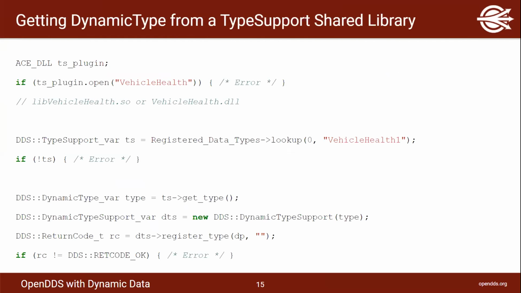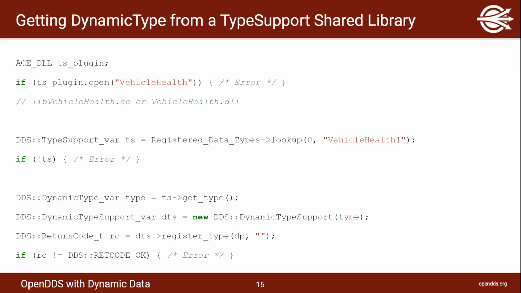There we go. Okay, so here's a simplified view of how to get that dynamic type from the type support library. So first we want to load it. Here you're using the ACE DLL class, but if you're on Unix or Linux, you could use dlopen, or the equivalent on Windows.